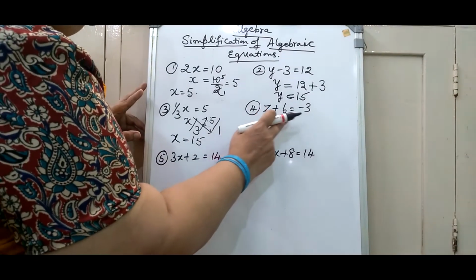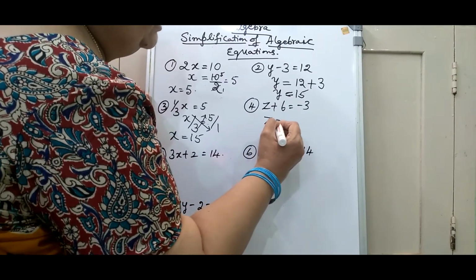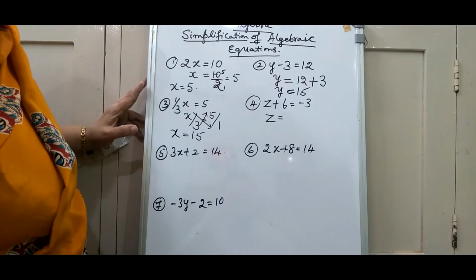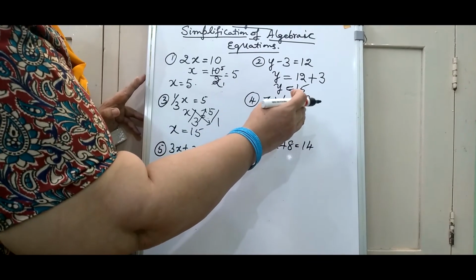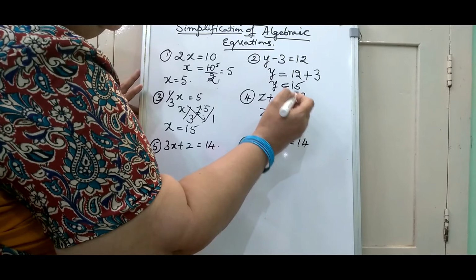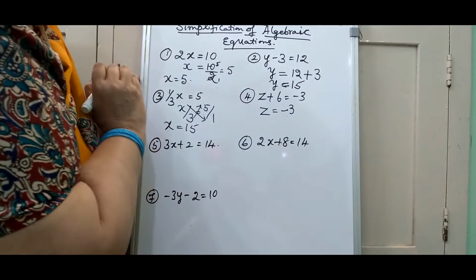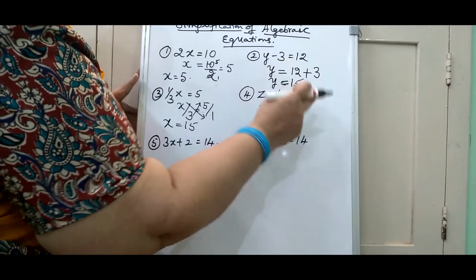Next is z plus 6 is equal to minus 3. Again let us retain the variable on the left hand side. Usually the variables will be on the left hand side and we shift the other terms to the other side, that is the right hand side. In the right hand side, minus 3 is already there, so let us write it as it is and shift this plus 6 to the other side.